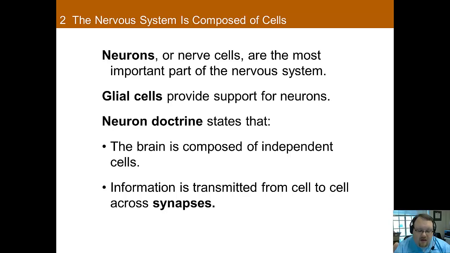He used a microscope and essentially was able to see the little gaps in between the neurons, which were later named synapses. So finally settling this argument on whether or not the brain is made of independent cells or these very long neurons, we found that no, they're actually independent cells with little gaps in between them. And that information is transmitted from cell to cell through these synapses, as we'll talk about in the coming lectures.